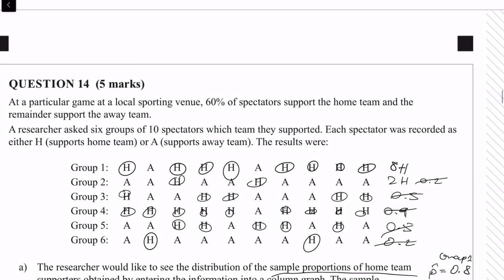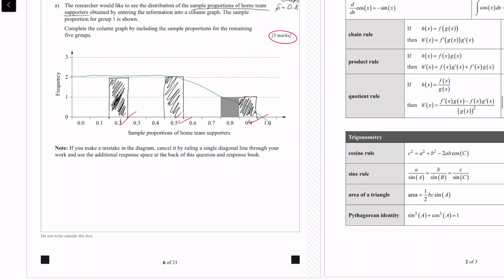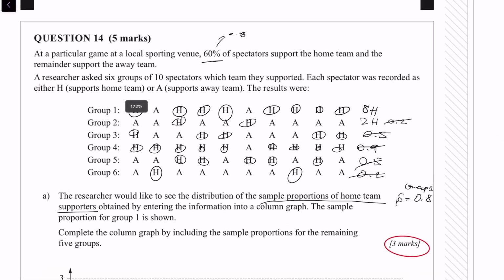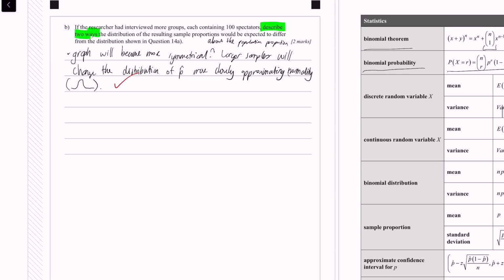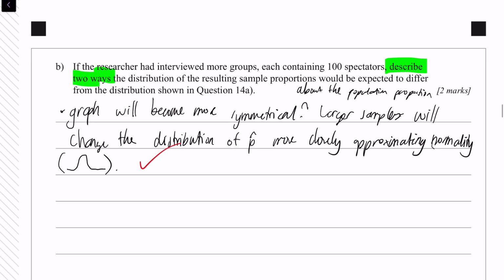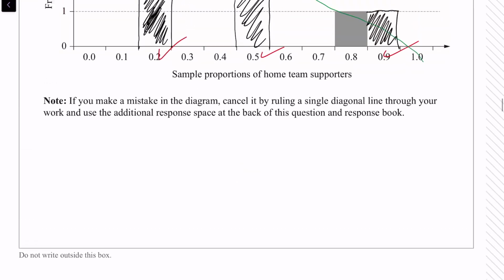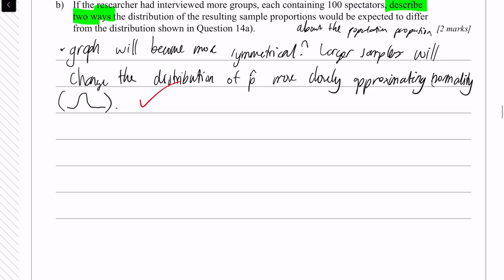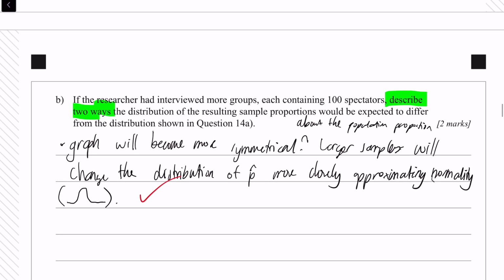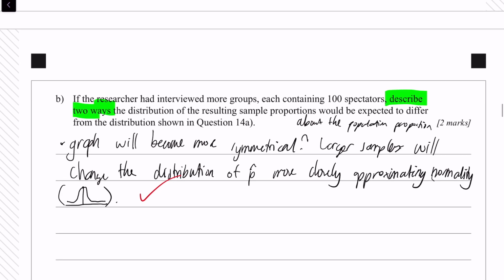Okay, so that's a key point there. 60% or 0.6 is the population proportion, because here we're taking samples, but in the entire population, as a metric, we have 0.6 as our, I guess, mean, as opposed to the p hat. Okay, so the population mean of the home team supporters is 0.6. Okay, and so it will show more of that with this mean being 0.6.